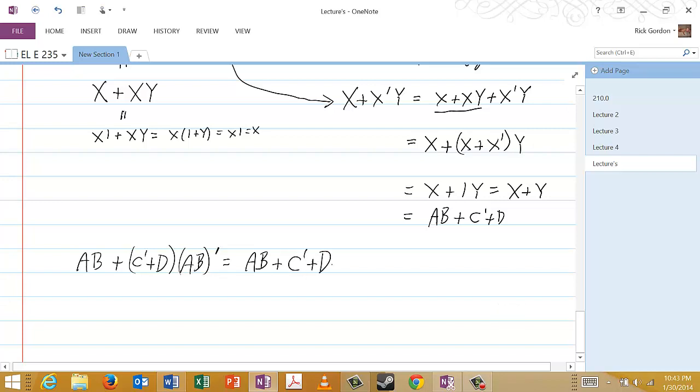Now, I'll certainly admit that it was a little tricky to find that one. Unless you know the correct simplification theorem, it would be easy to miss that one. But again, don't worry about this, because we are about to learn some simplification techniques that will make all of this automatic. And actually, I think that this is a good chance for us to look once again at a truth table.